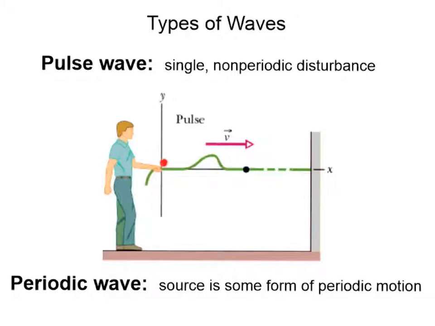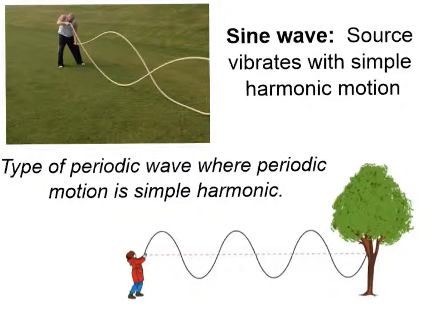So let's say this person, instead of one pulse, were to continue to repeatedly move with periodic motion, that would create a periodic wave. A sine wave is a wave whose source vibrates with simple harmonic motion. So it's a type of periodic wave, but the periodic motion is simple harmonic motion. Here are some examples of sine waves.